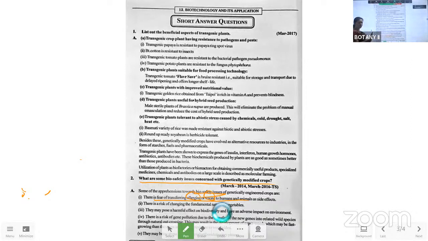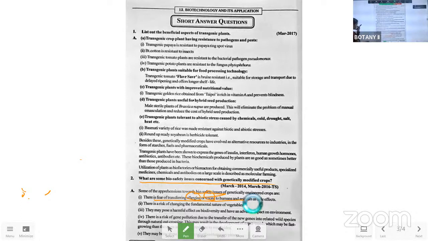Okay, not for all. Don't worry that everyone is going to die by eating this. Those who are very weak in their immunity, or having some severe health issues, will be affected very fast by using this genetically engineered crop. That is when the genes were changed for the plants itself.